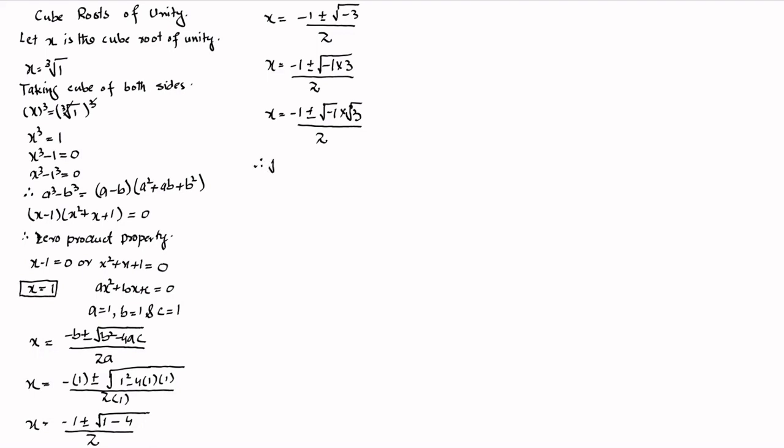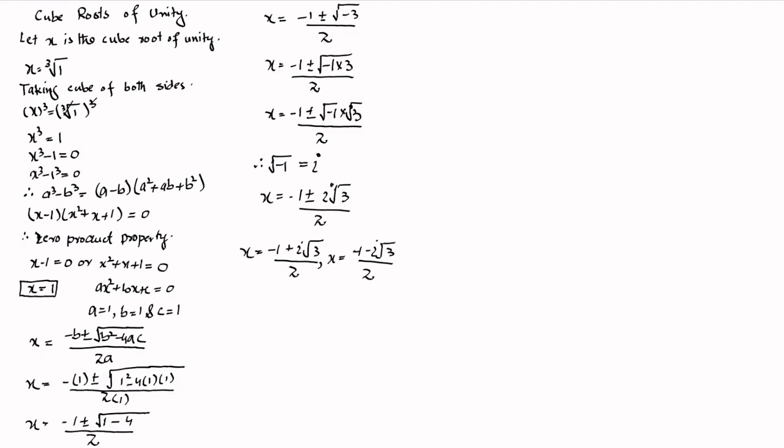Now as we know that square root of minus 1 is equal to iota, inserting iota for our square root of minus 1, x is equal to minus 1 plus minus iota square root 3 divided by 2. So we can write that x is equal to minus 1 plus iota square root 3 by 2, and x is equal to minus 1 minus iota square root 3 by 2.